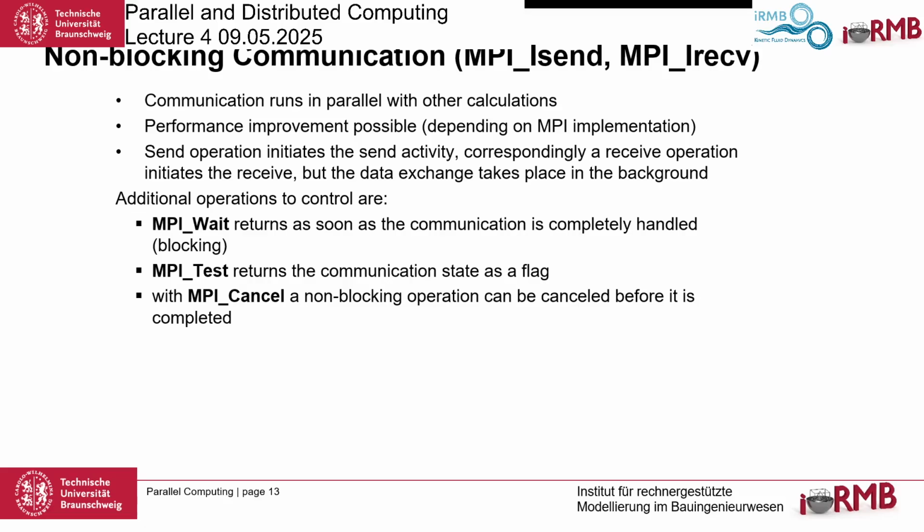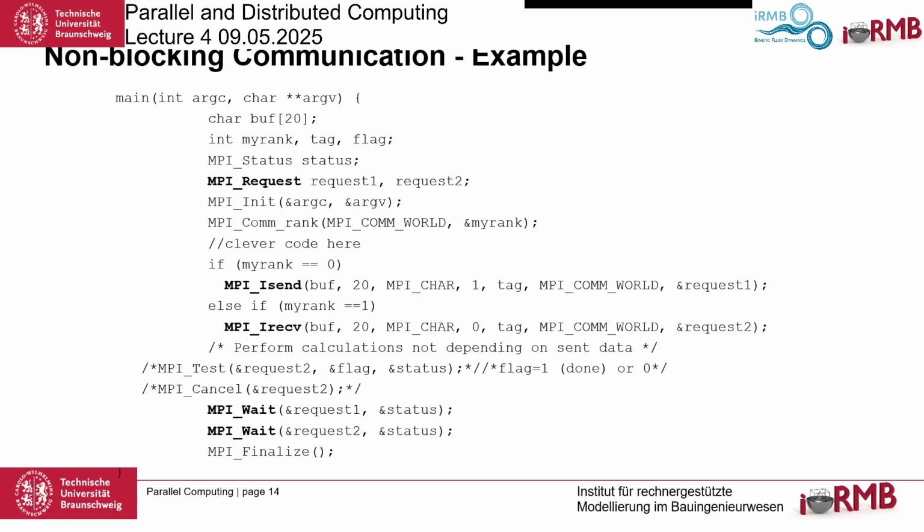If you use test, then you know, for example, that it has not been done, but you can do something else again and test for it later. This is why we have wait and test. And if we have to wait for too long, we can also cancel it.